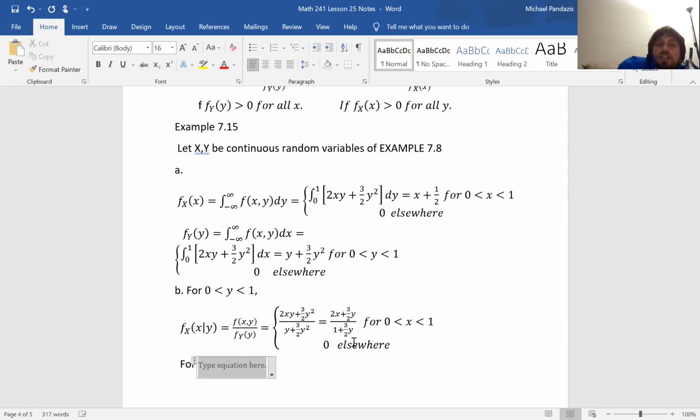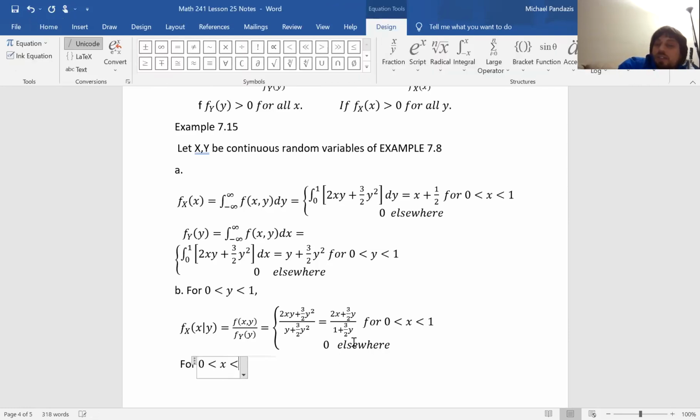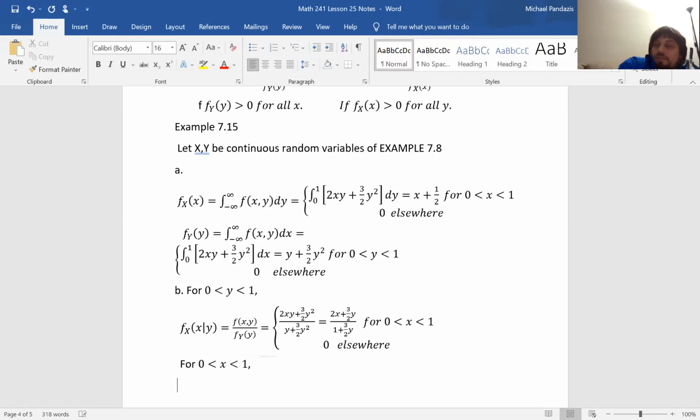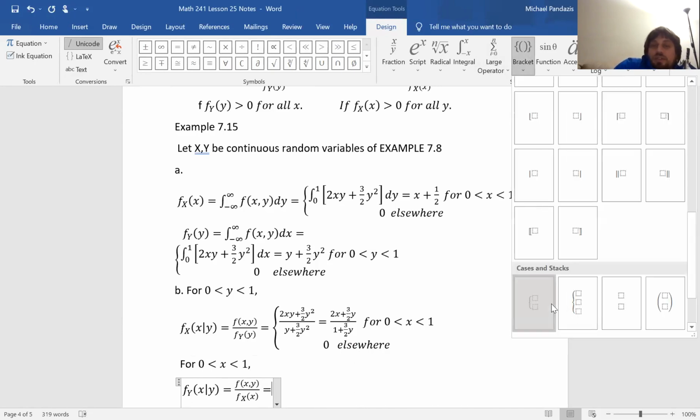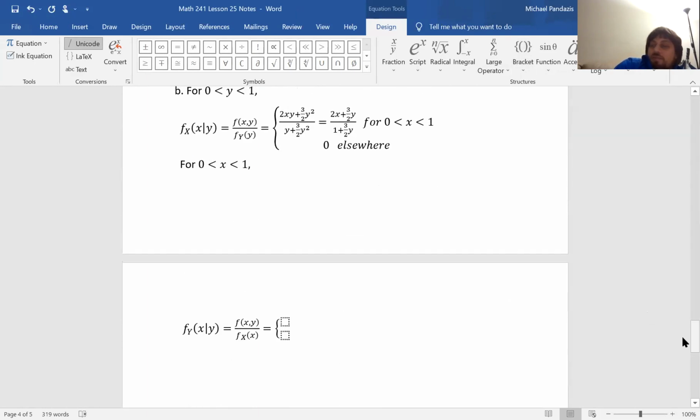Next, for 0 less than x less than 1, you have f sub y given x is equal to f of x comma y divided by f sub x of x. So you're going to plug in what f of x comma y is.